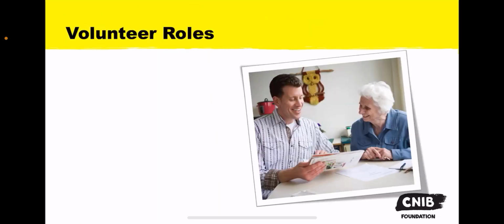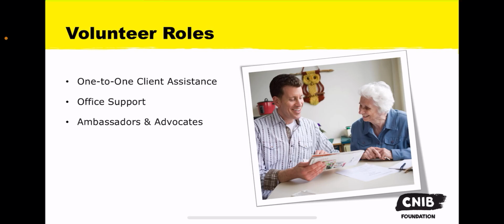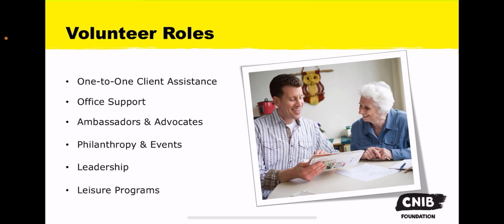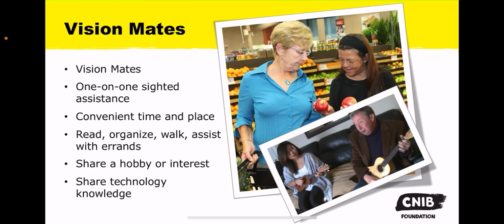Volunteer roles. We have a wide range of volunteer roles, including one-to-one client assistance, office support, ambassadors and advocates, philanthropy and events, leadership, and leisure programs. Vision mates. As a vision mate, you will be a sighted assistant.